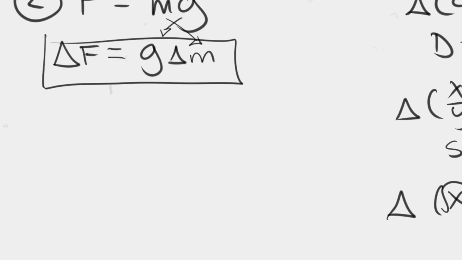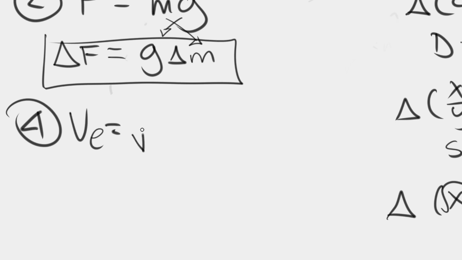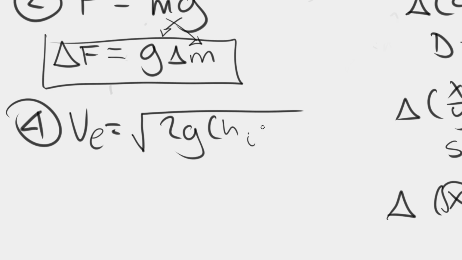Let's get to our fourth problem. Problem number 4. What I have here is a little more complex. We have the exit velocity, the square root of 2g times h initial minus hf, I believe.